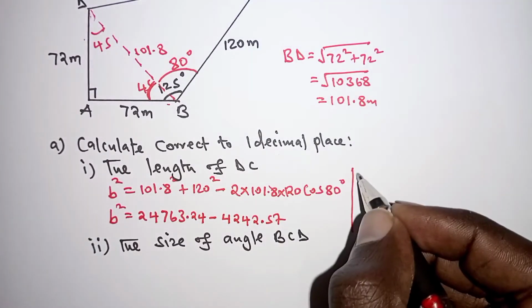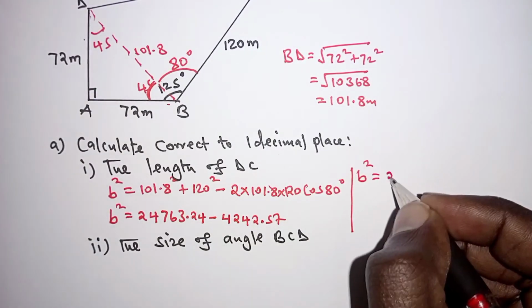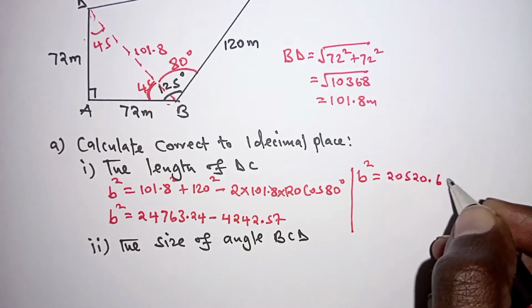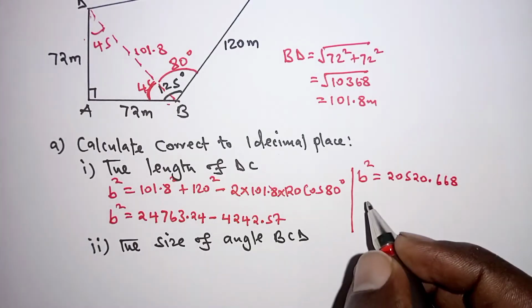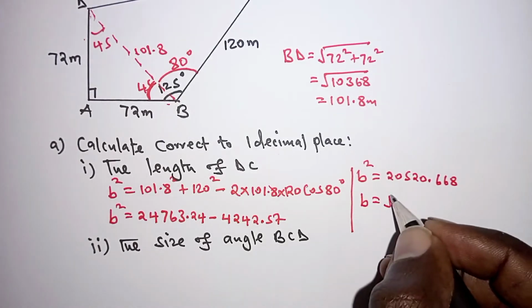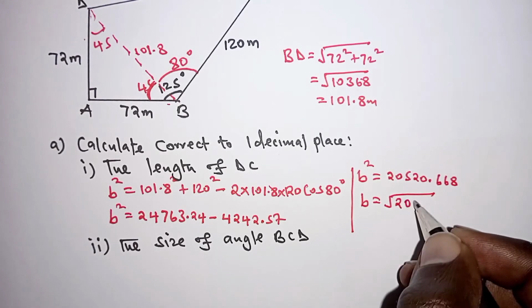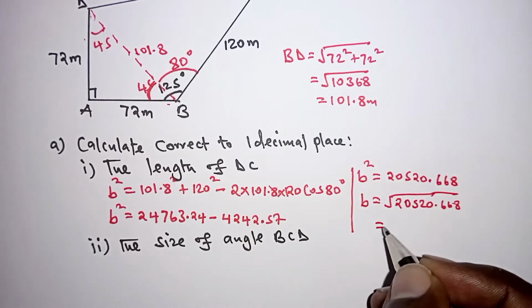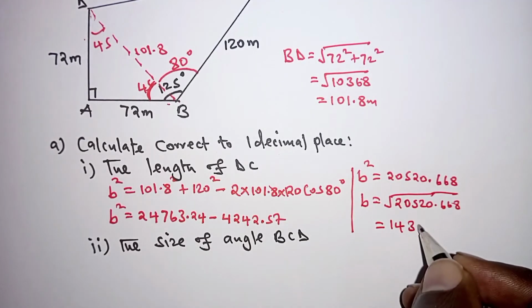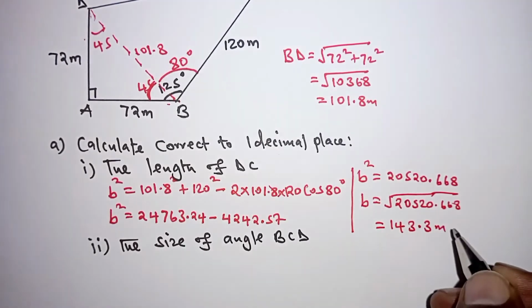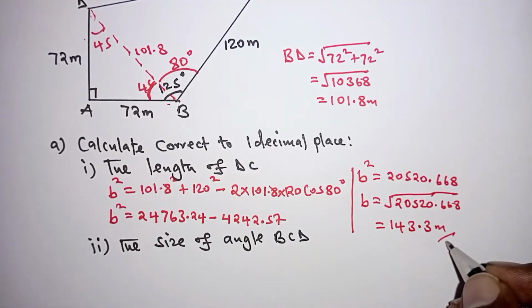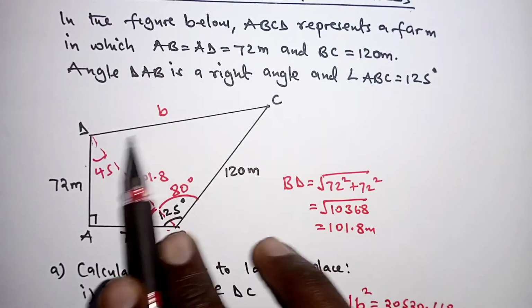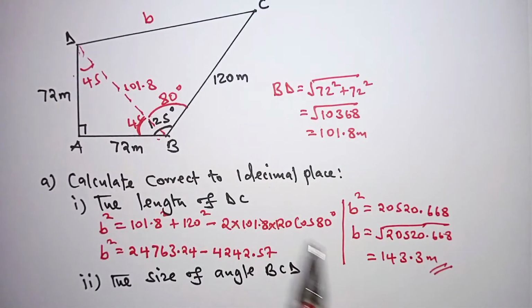When you subtract this, B squared becomes 20,520.668, of which B becomes the square root of 20,520.668. This should be 143.3 meters, correct to 1 decimal place. Remember, B is DC, which is required in the question.